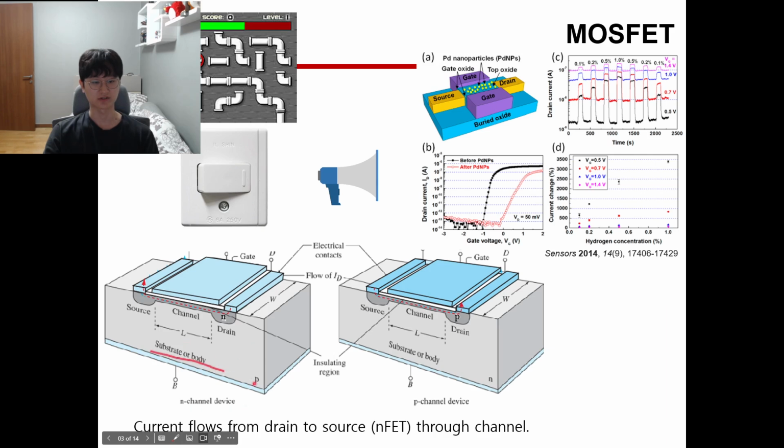The substrate is P type and the source and drain are doped N plus. In the case of a P channel device, the body is N type and the source and drain will be P plus, heavily doped by P.